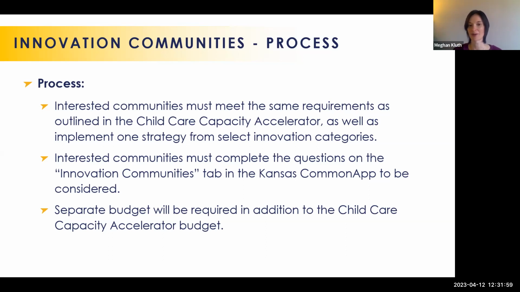I will note that because it's not required for everybody who's applying for the Capacity Accelerator, it may show as optional questions. If you are applying for the Innovation Communities, consider those required for you. We're going to walk through the elements in just a minute, but that's live now, so you can go in and actually see. There's a handful of questions, and then you'll also do a separate budget.